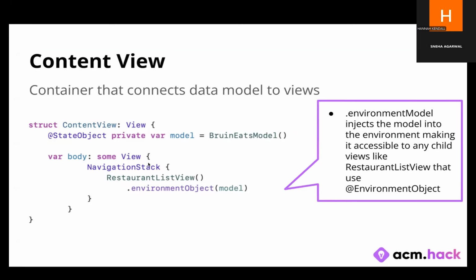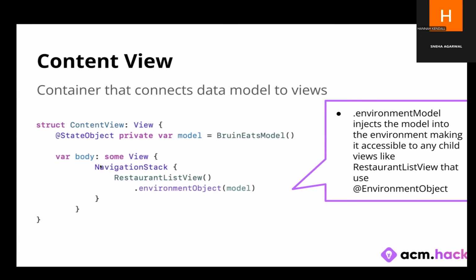And then inside, we're just going to call our restaurant list view and then have environment object here, which is going to inject our model that we just created into this restaurant list view screen, making it accessible to child views like this.